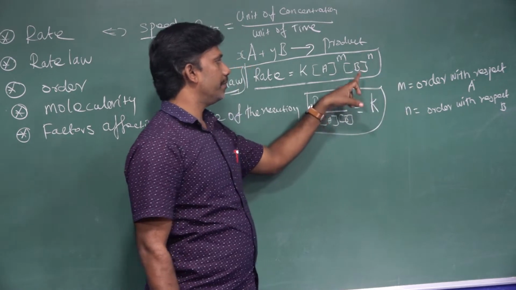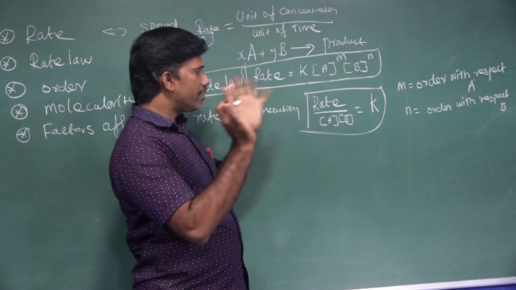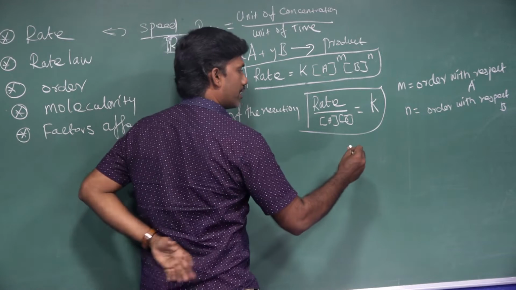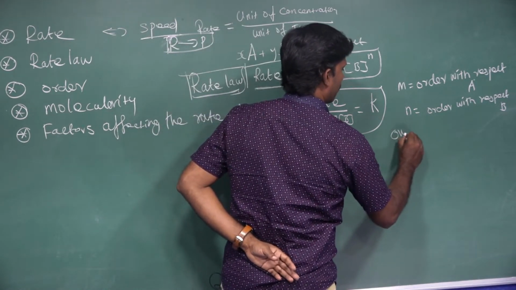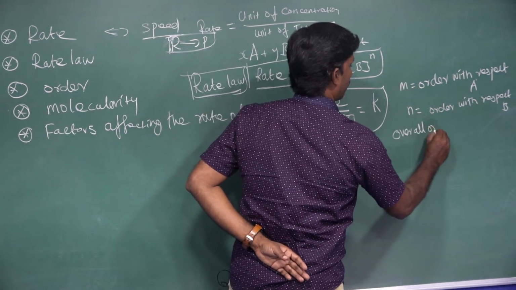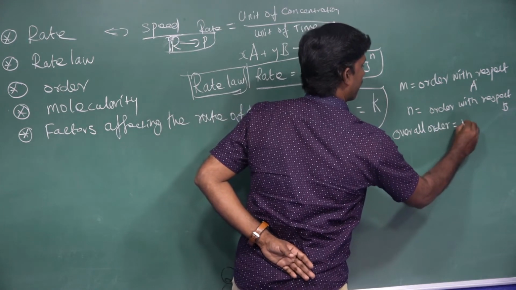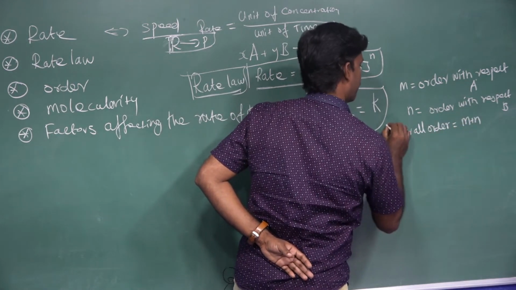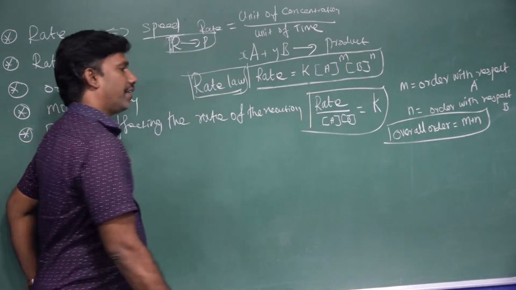What is the order of B, n. What is the overall order? The overall order is nothing but m plus n.